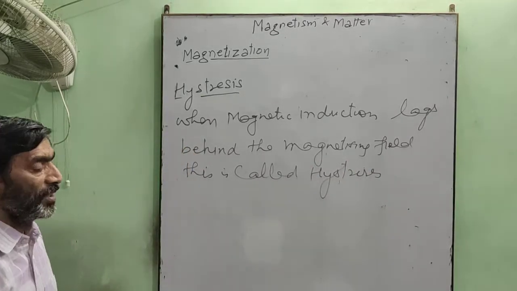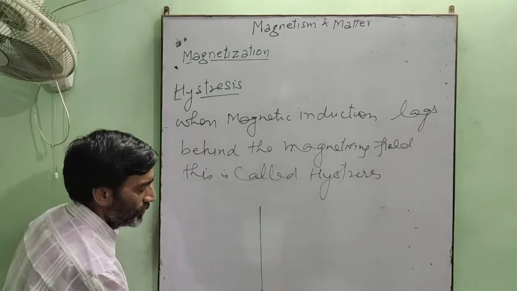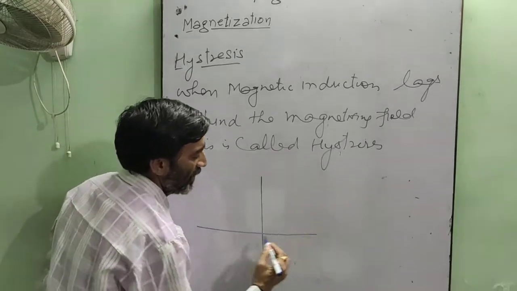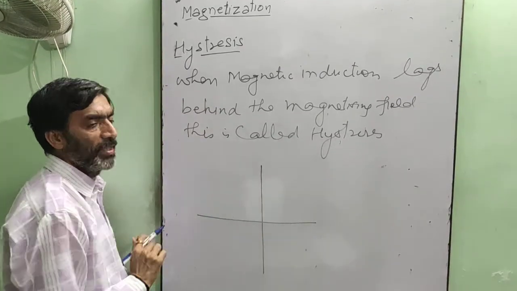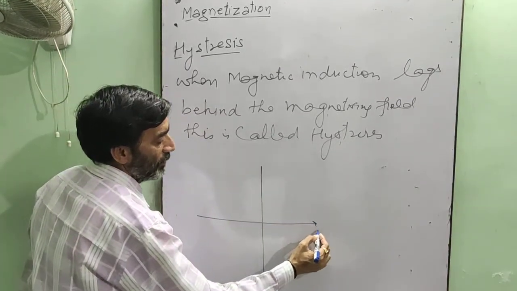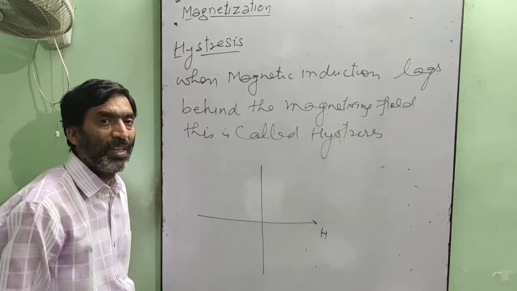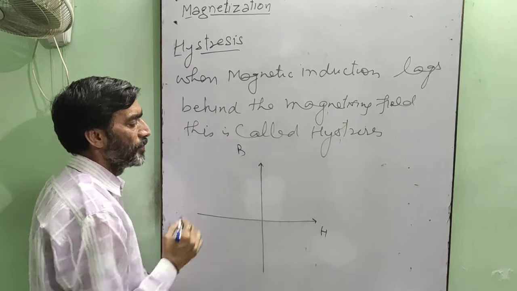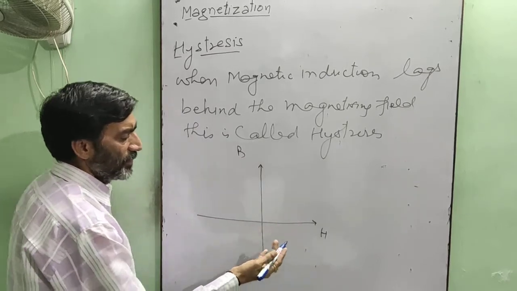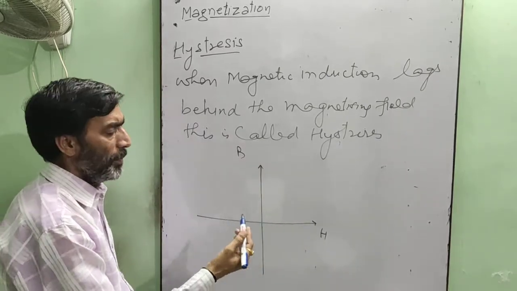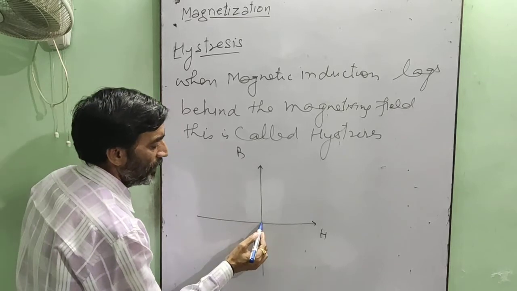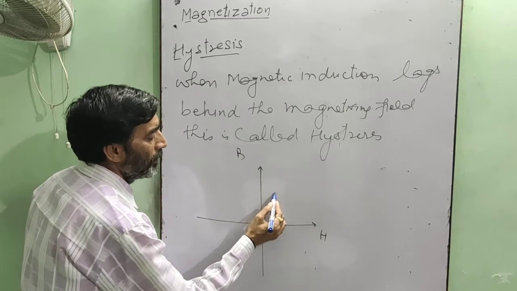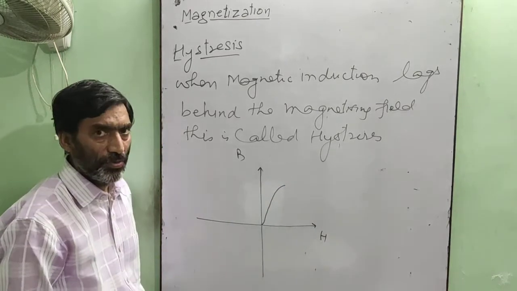Hysteresis can be explained by using a graph. Take magnetizing field intensity H on the x-axis and magnetic induction B on the y-axis. As we increase H, the B also increases and becomes a maximum, or saturation.